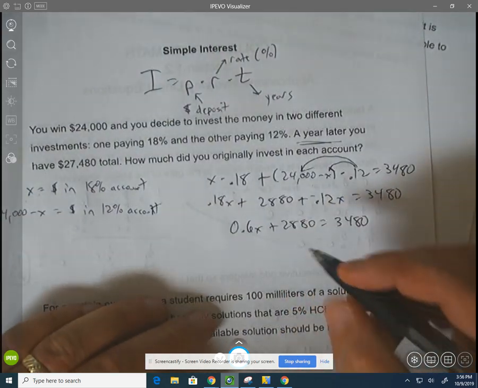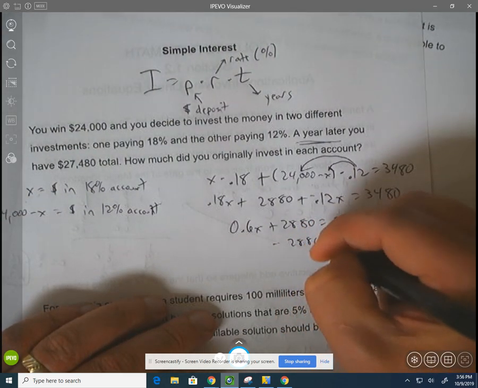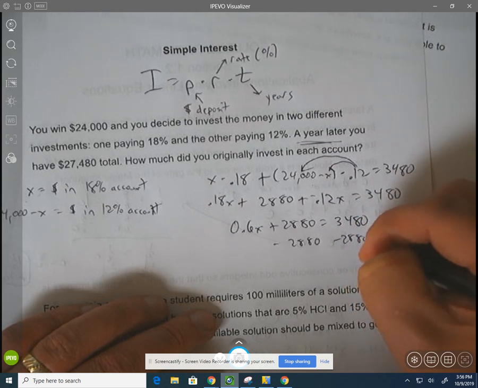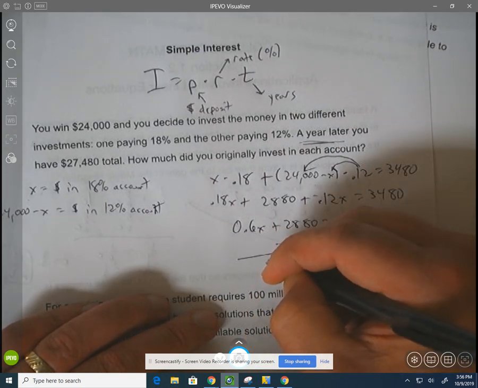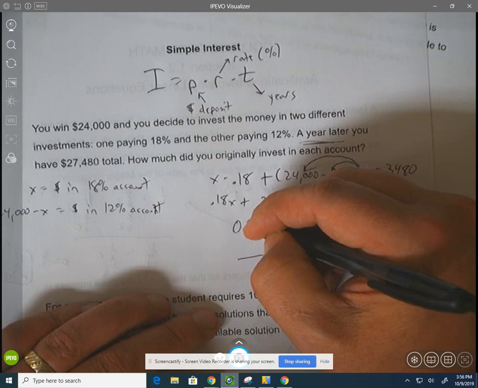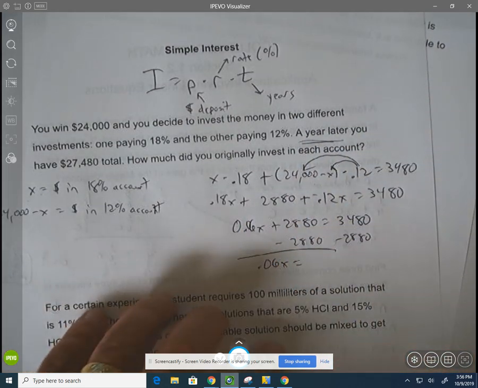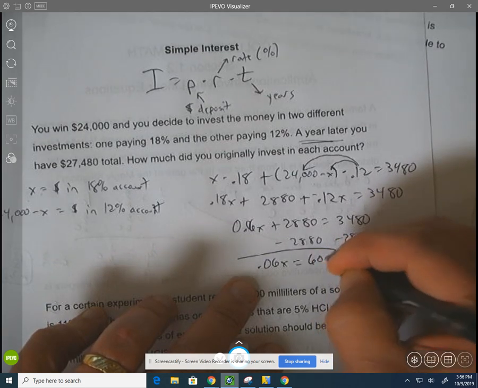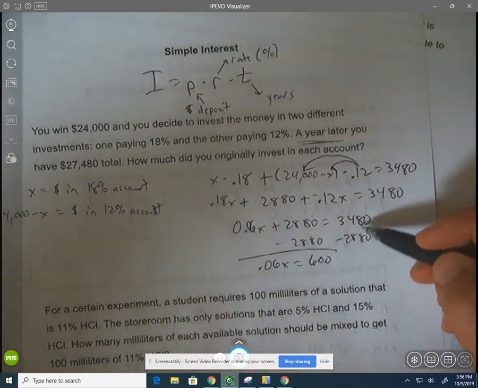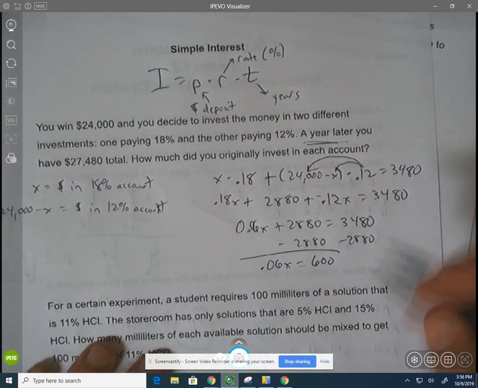But now I'm at a two-step equation. I take away 2,880 on each side, and I get 0.06X equals 3,480 minus 2,880.